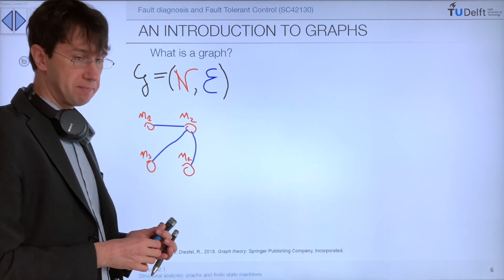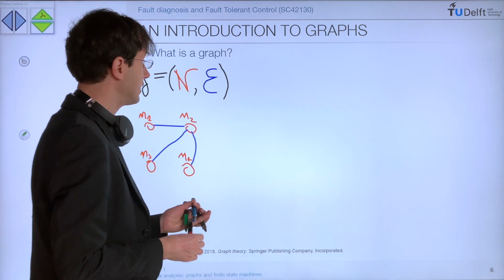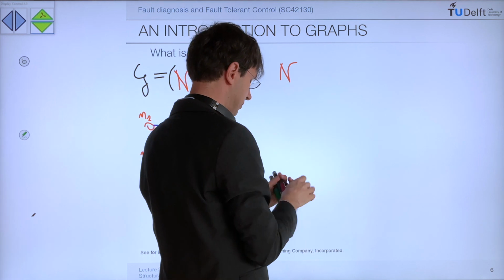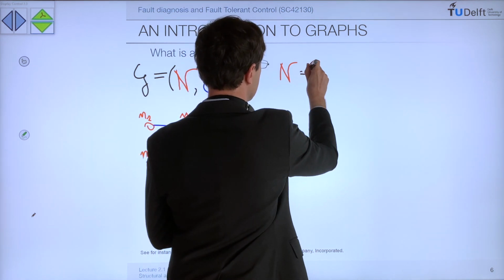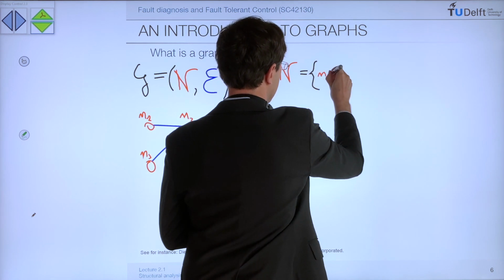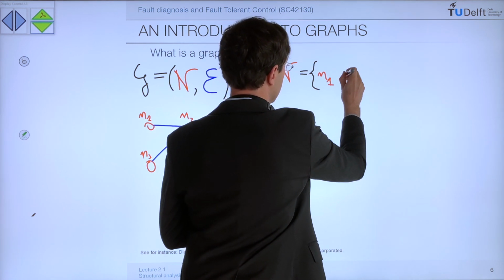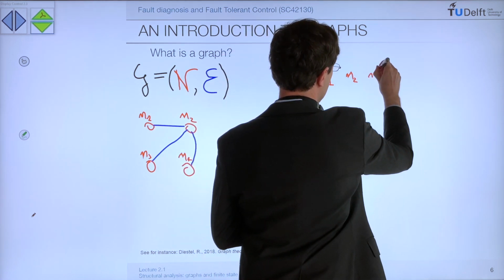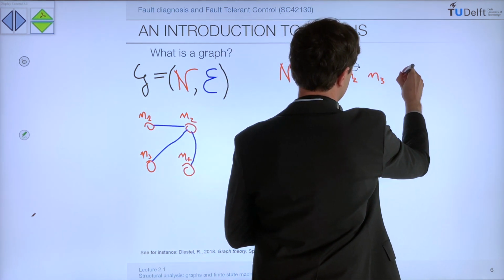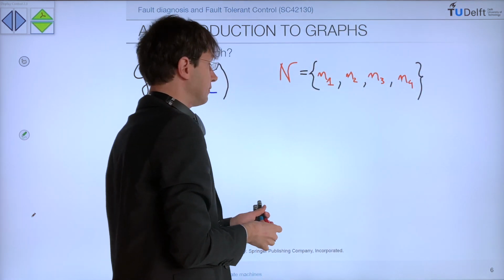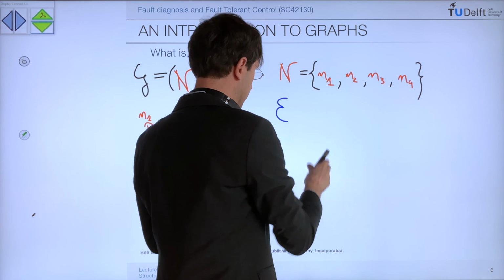In this case, the N set contains these elements: N1, N2, N3, and finally N4, while the edges set contains the following.